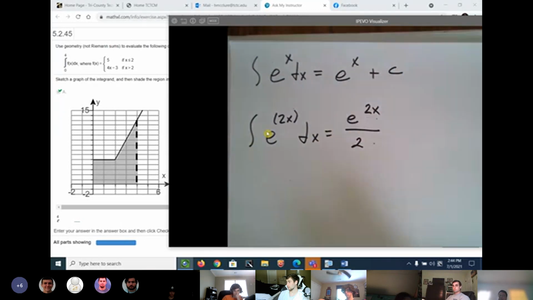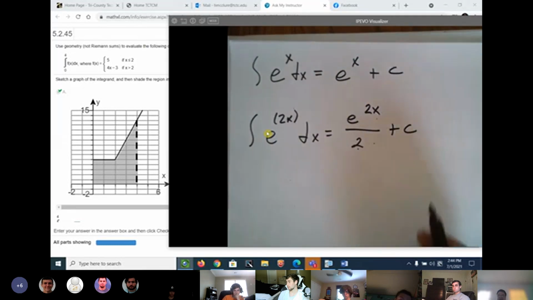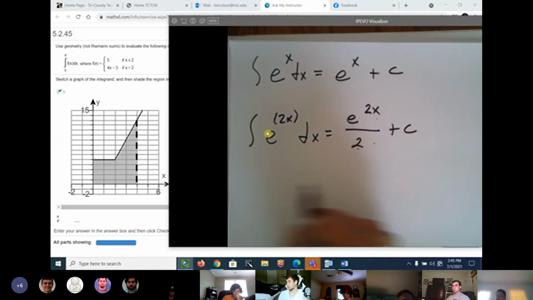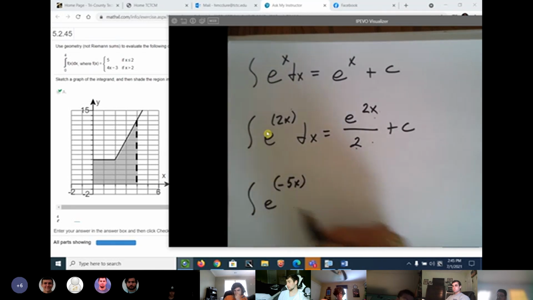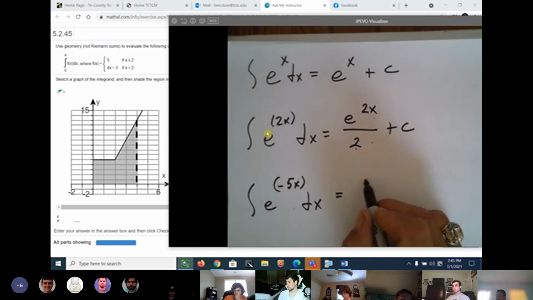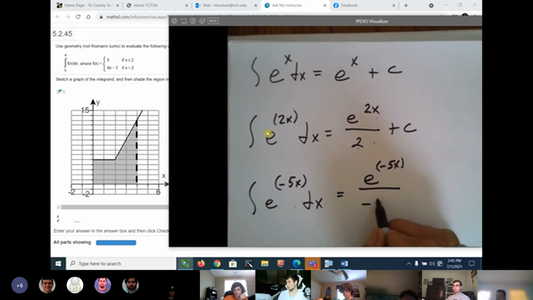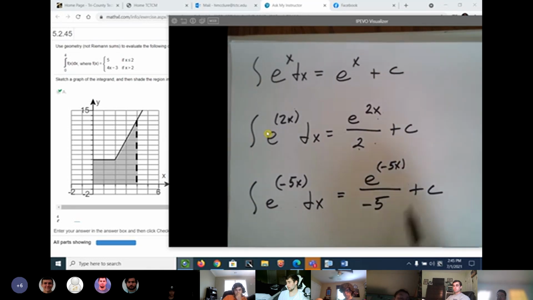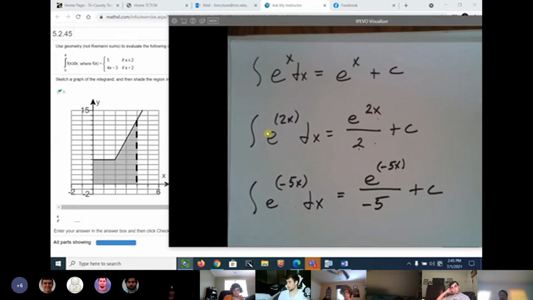You've got to take the derivative of what's inside. And if I had the antiderivative of e to the negative 5x, that would be e to the negative 5x over what? Negative 5. Again, this is not the power rule. These are just logarithmic and exponential properties, and they should be in your cheat sheet.